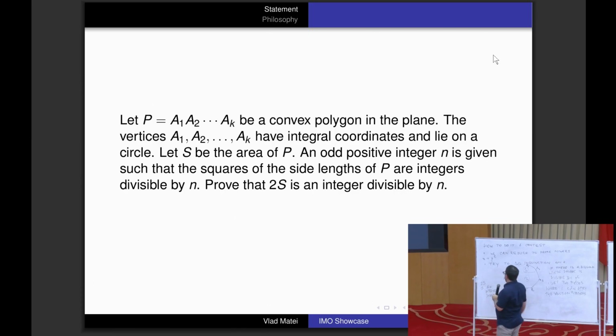If you put coordinates on these points, x1, y1, x2, y2, x3, y3, and so on, for each of these triangles you can write out the determinant from the shoelace formula, and you get that twice the area is an integral number. That's one small detail, but you have to write it in the solution. And as I said, here you just divide into two pieces and you're done. So now, how do you deal with the case where no diagonal squared is divisible by p to the t?